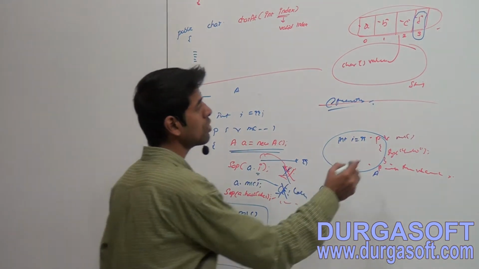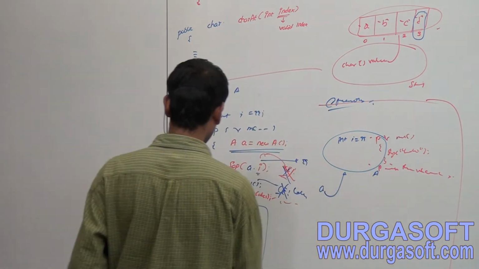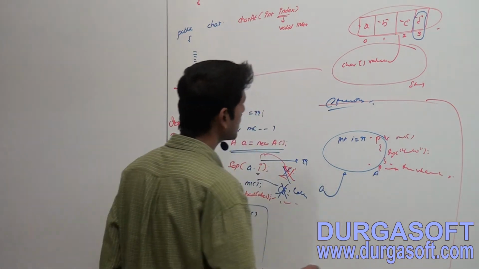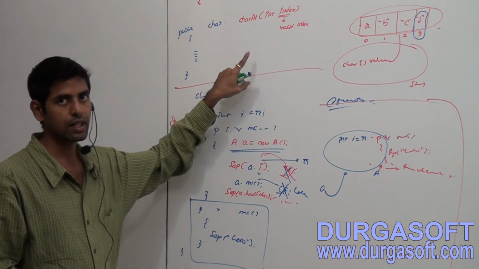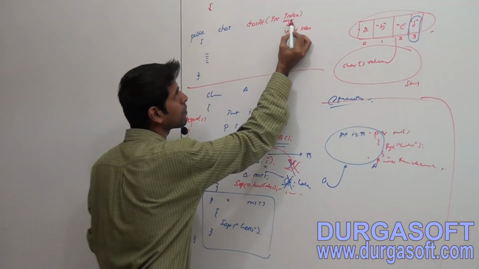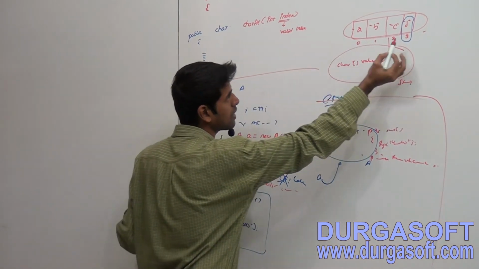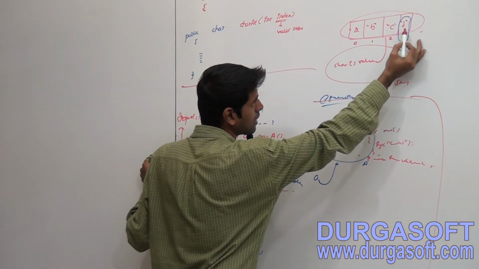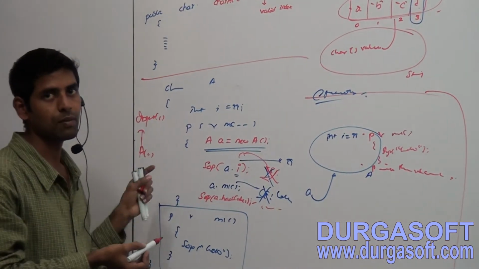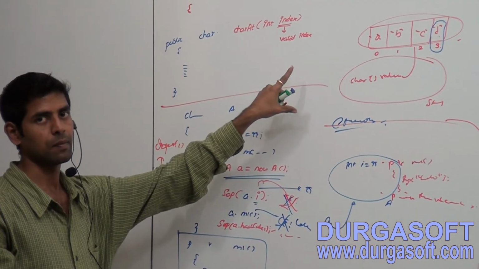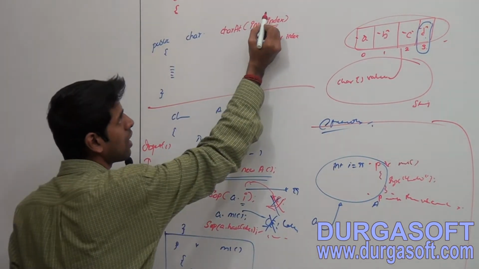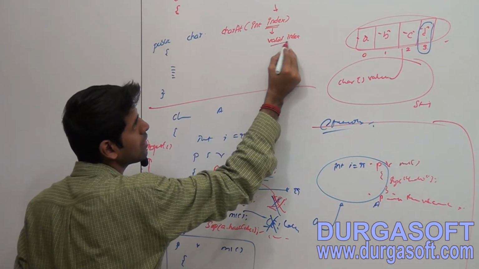Now we are about to discuss this charAt method, which returns the character at the specified index, and this index argument must be a valid index.